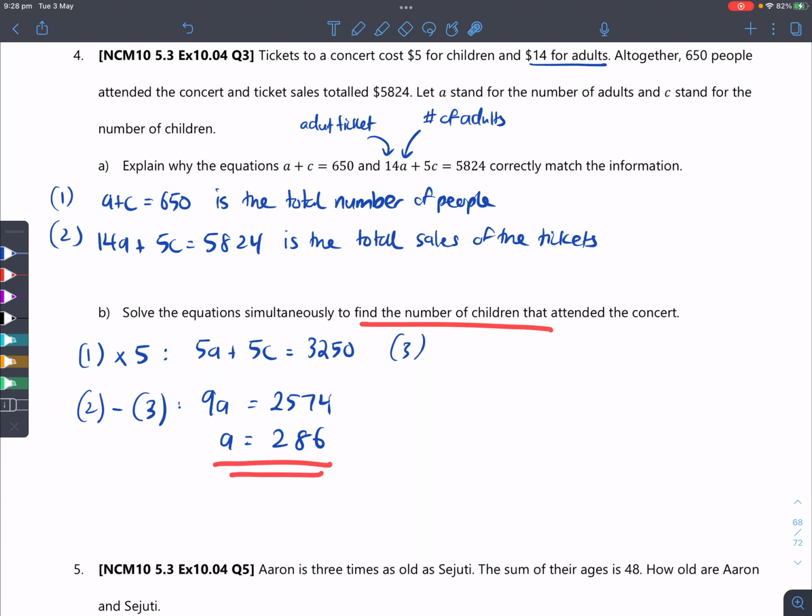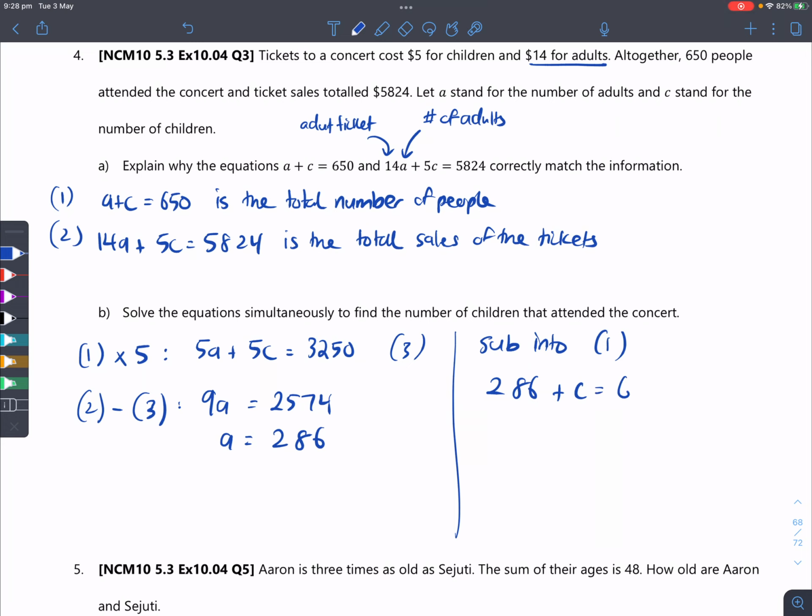I haven't found that yet. I need to put this back into the first equation to find the number of children. So I'll just say sub into 1 so that I get 286 plus C is 650. So 650 minus 286 will give you 364. Okay, so I get 364 children who attended the concert.